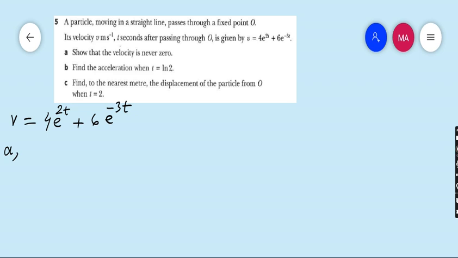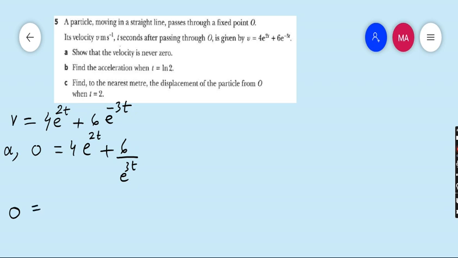Part A: show that the velocity is never zero. Velocity cannot be equal to 0. How to show that? Just replace v, the velocity, by 0, so 0 equals 4e^(2t) plus 6e^(-3t). Here e^(-3t) can be converted to 1 over e^(3t).